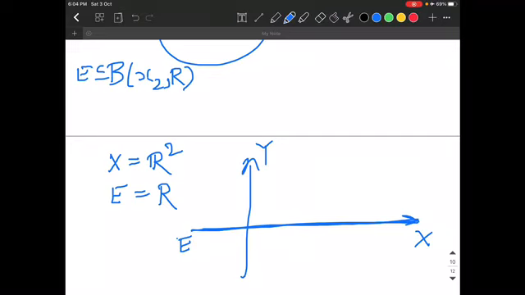So what is the interior of this set E? An interior point of the set must lie inside the set, so the point must lie on this x-axis. Let's say this point is x0.